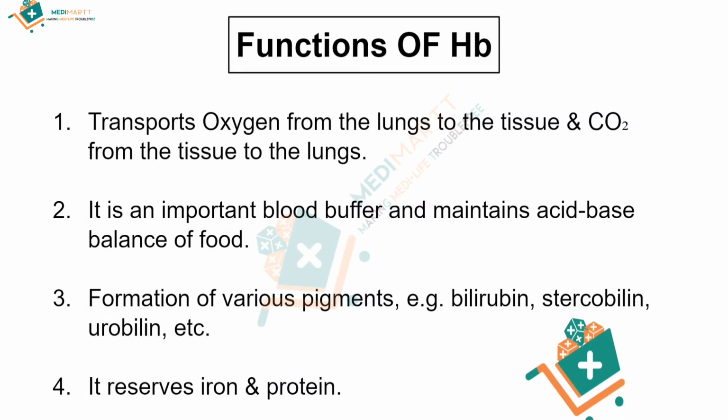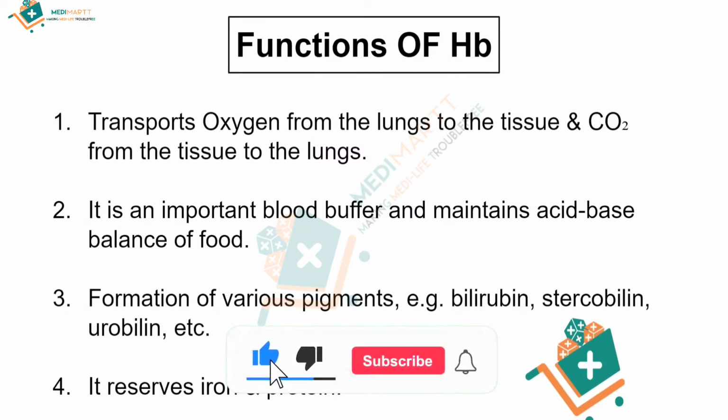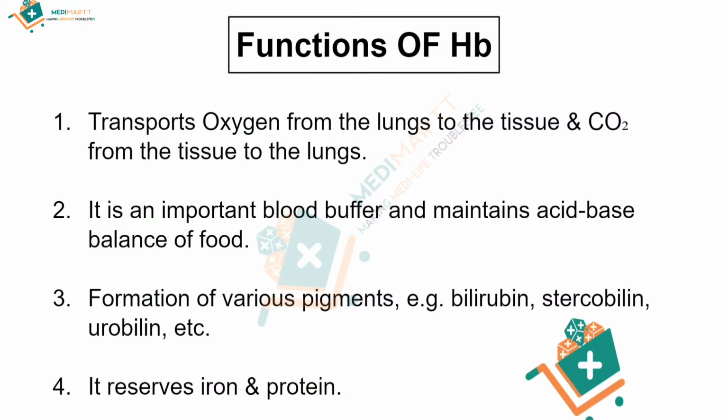Diffusion of gases occurs with the help of the red blood cell and with the help of this hemoglobin. So hemoglobin helps in the transport of oxygen from the lungs to the tissues, and carbon dioxide from the tissues to the lungs.